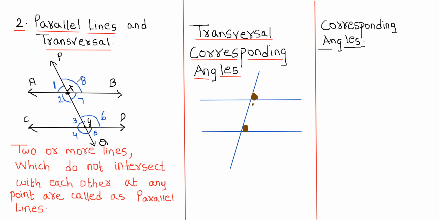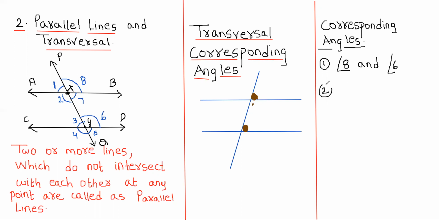When we take angle 8, the adjacent downward is angle 7. So leave that angle, and the next one is 6. That means the first pair of corresponding angles is angle 8 and angle 6.